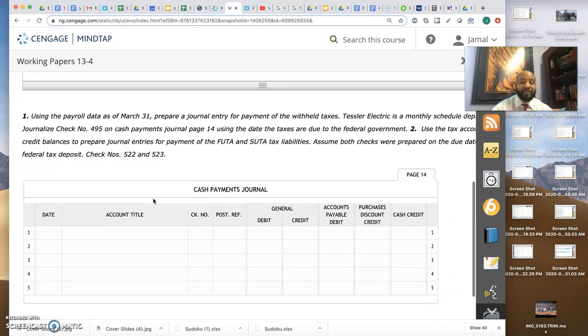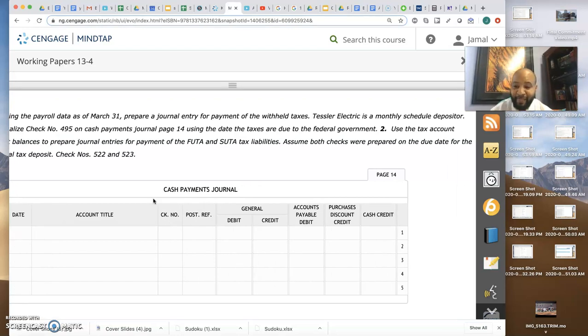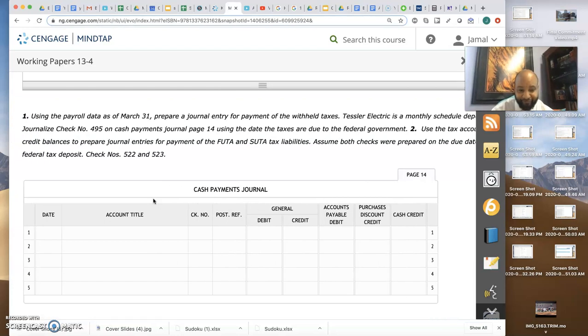Let's go down and read some instructions. Using the payroll data of March 31st, prepare a journal entry for payment of withheld taxes. Tesla Electric is a monthly scheduled depositor. Journalize check number 495 on cash payments journal page 14 using the date the taxes are due to the federal government.